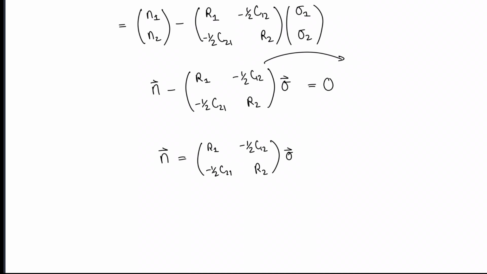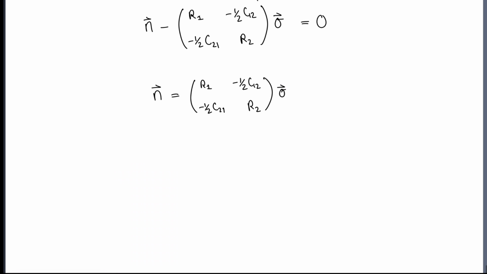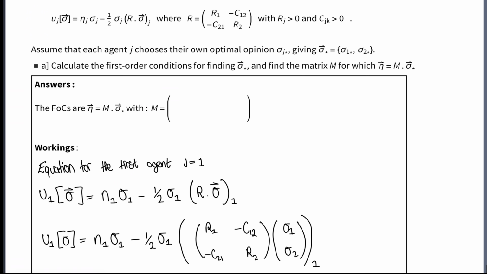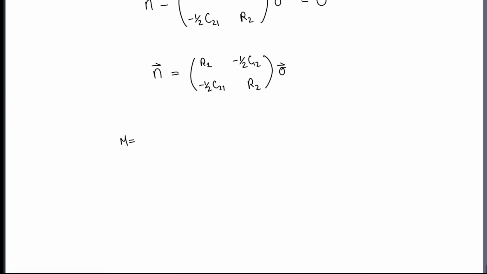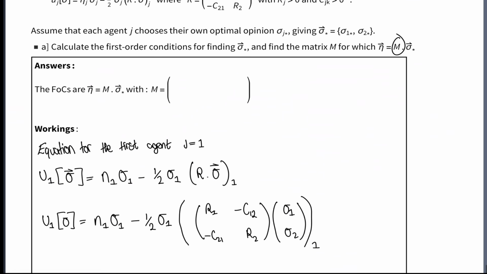So just move that to that side. That means that the matrix M from over here is equal to R1, a half C12, a half C21, R2. Cool. So we've calculated the first order conditions and we have calculated the matrix M.